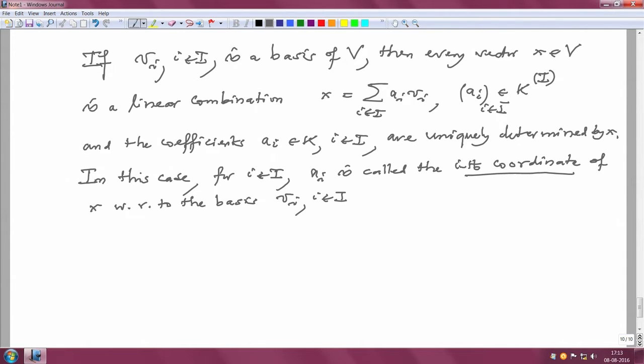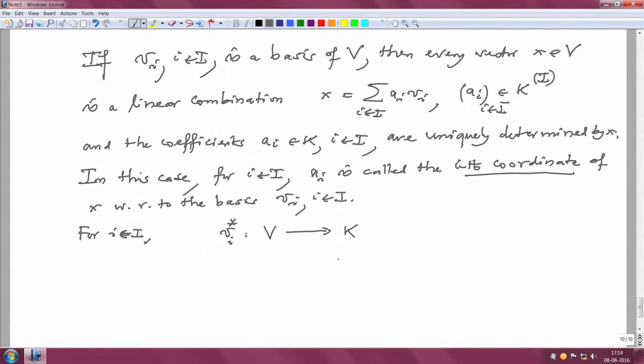To put it in a different way, for each i in I, look at the functions from V to K. These functions depend on this given basis, so I will write Vi star.